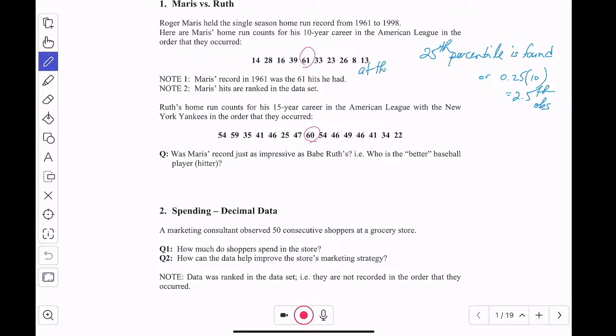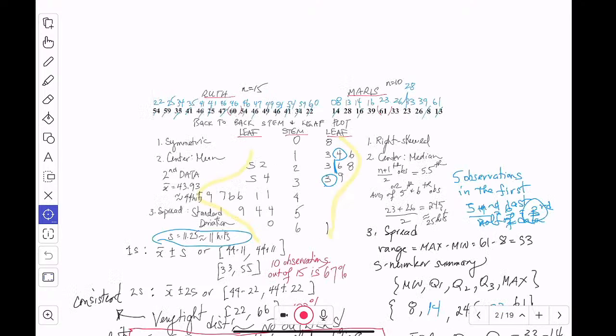So the 25th percentile is found at the 0.25 times n observation. Or you would calculate 0.25 times 10 to see 2.5. Then I went to the ordered list here.